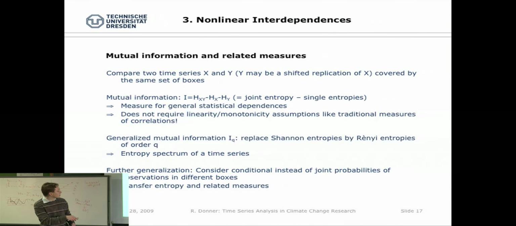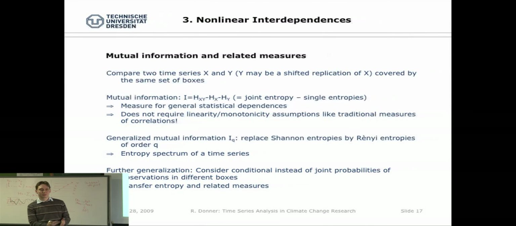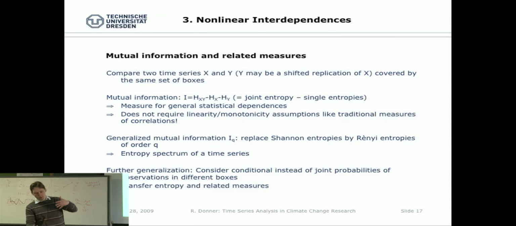And this leads then to the so-called transfer entropy, which you can interpret a little bit similar to the mutual information, but which gives you additional information about the direction of information flow. So whether it's one system that determines the evolution of the second one, or whether it's more, let's say, a bidirectional interaction. This you would not see by mutual information, but you can resolve it by this transfer entropy. So that's the idea.